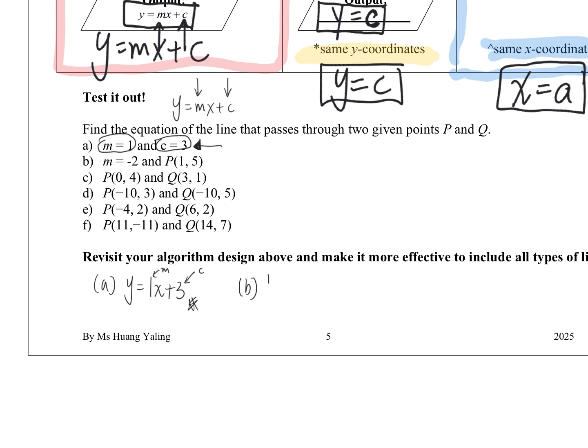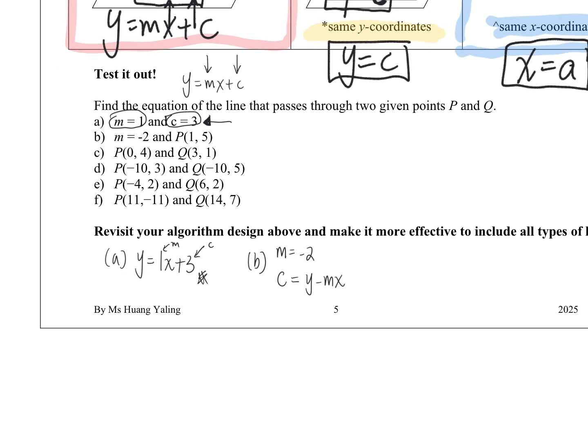I have gradient, but I don't have y-intercept, but I can find. So the y-intercept, we will find it in this way, right? So this is the formula to find y-intercept. So how will you find it, Brennan? How to find y-intercept?